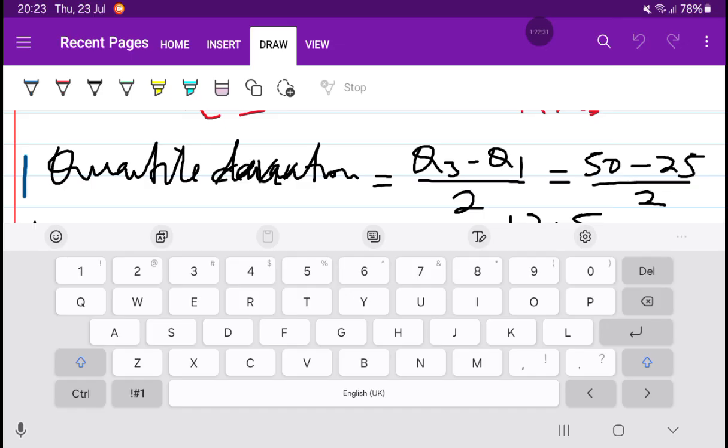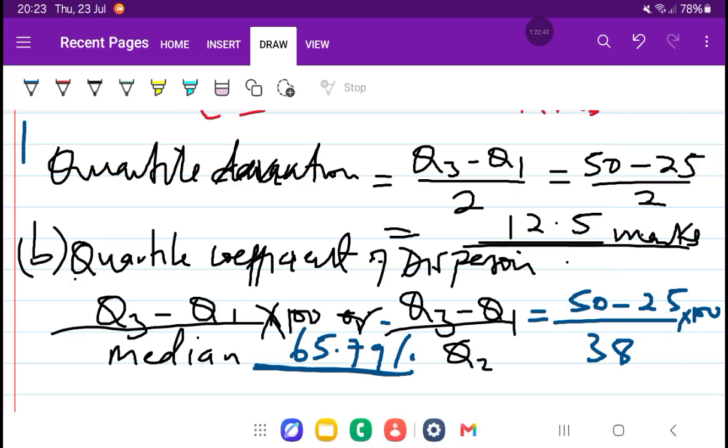Now for the second quartile, remember this is our item that is in the other quarter.